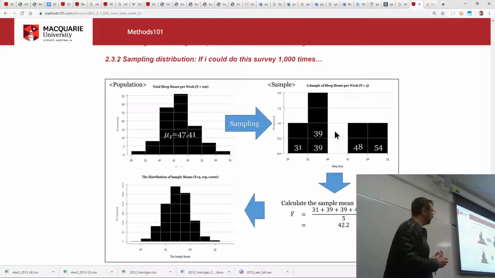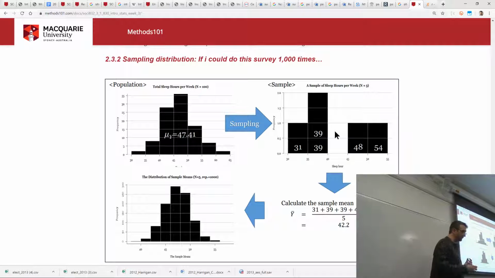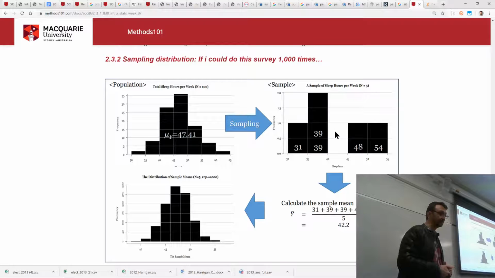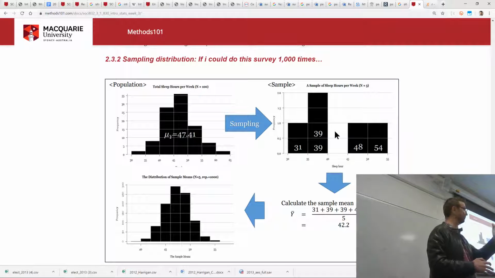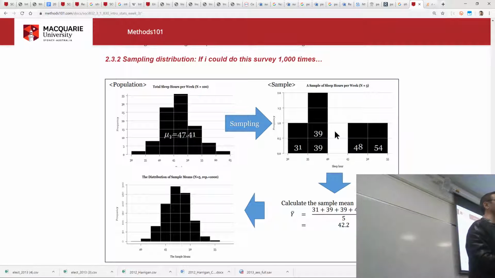The mean of our sample, the variation within our sample, and the size of our sample tell us how accurate that sample statistic is to the population parameter.